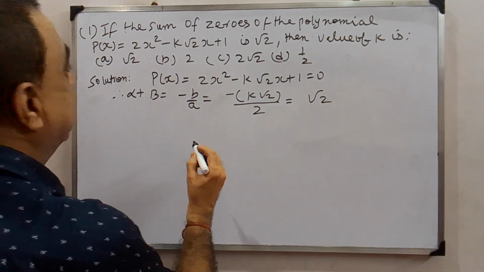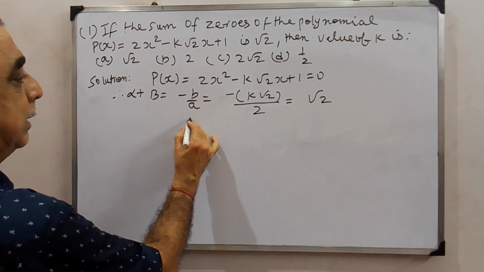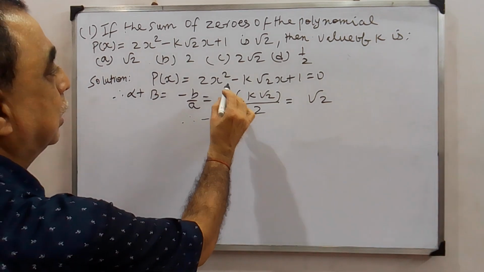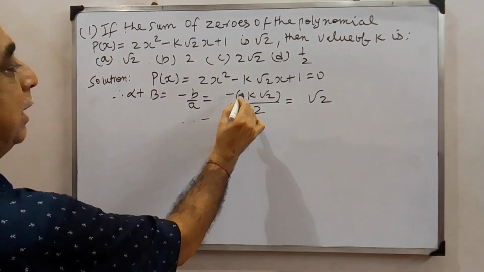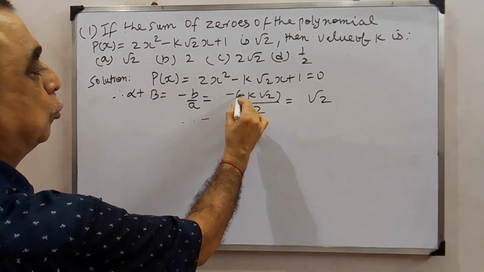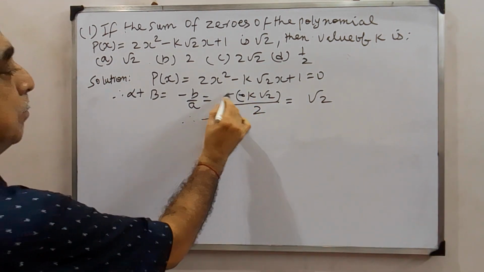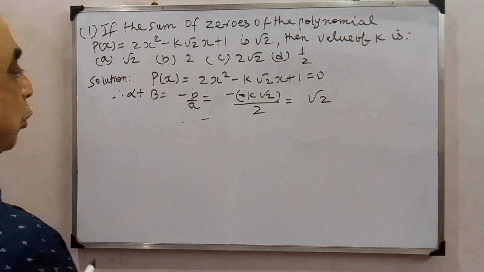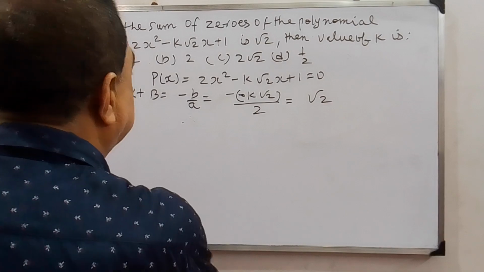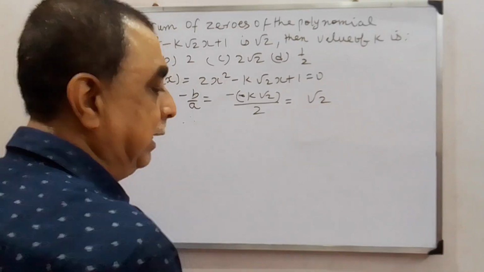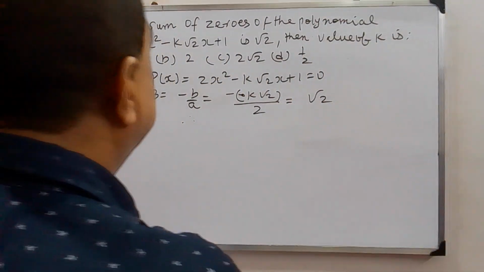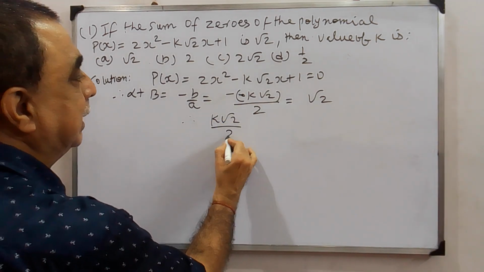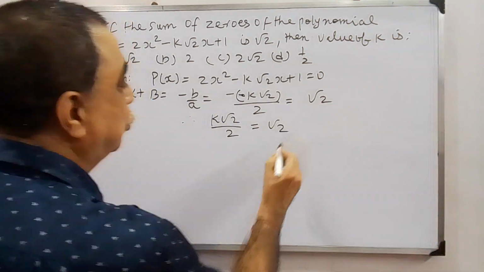So here we have to find the value of k. That is equal to minus, where the b value is minus k root 2, and minus into minus becomes plus. So k root 2 divided by 2 is equal to root 2.